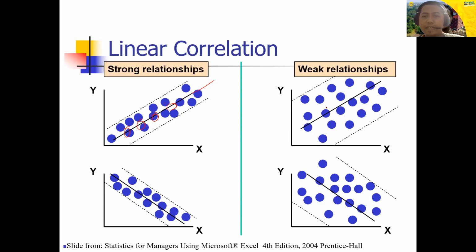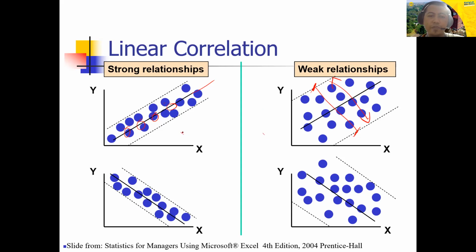However, when the data is spread over a certain range, as the spread gets larger, it means that we have a weaker correlation.